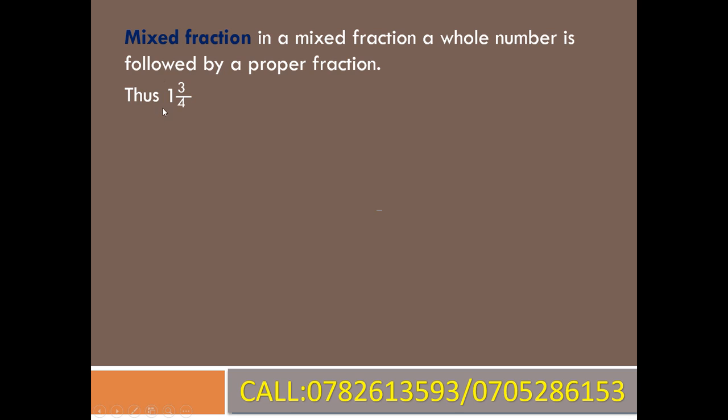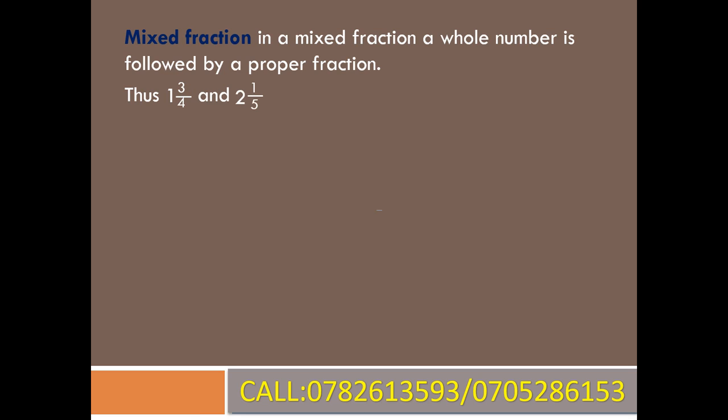The whole number is this one. This one, which is the whole number, is followed by a proper fraction. So the proper fraction here is 3 out of 4, and the whole number is 1. So a mixed fraction has a whole number and then has a proper fraction.